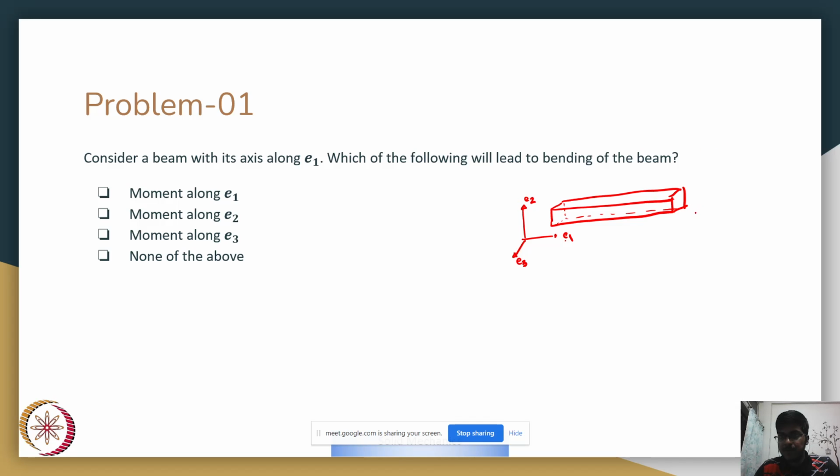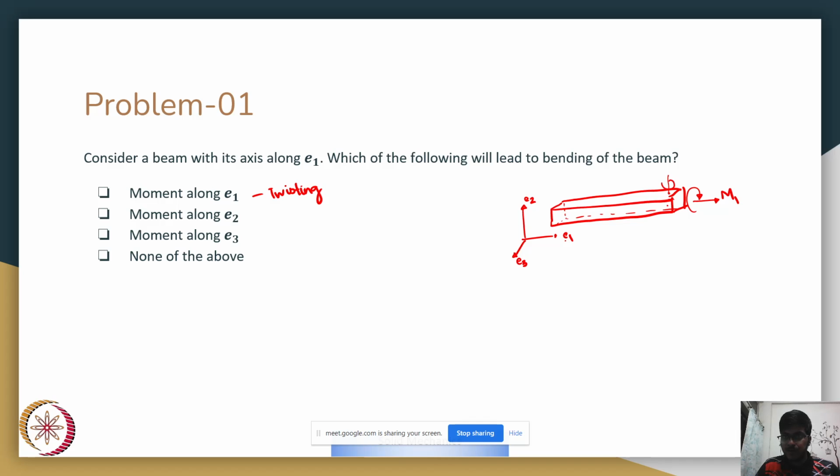If you have a moment along E1, it would act something like this, right? This moment along E1 would cause a twisting of the beam, correct? Next, the second option is moment along E2.